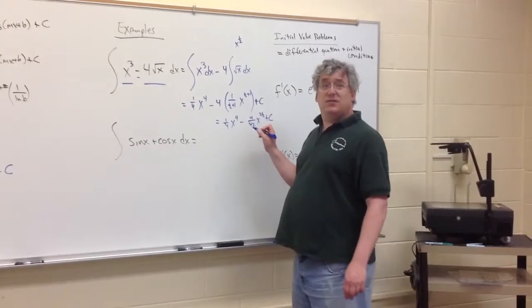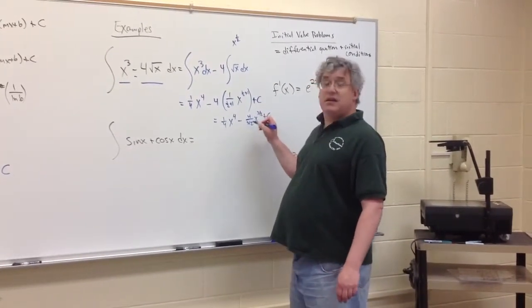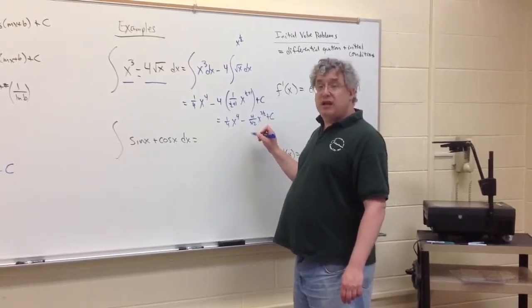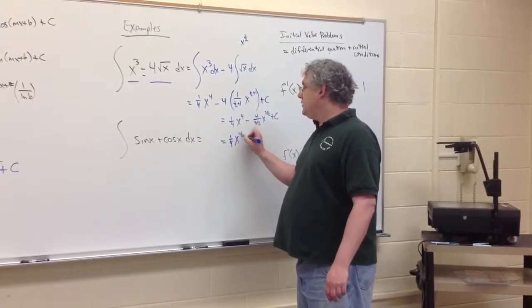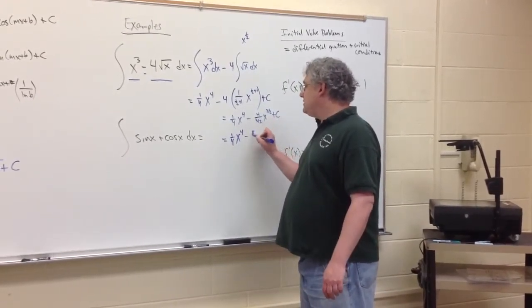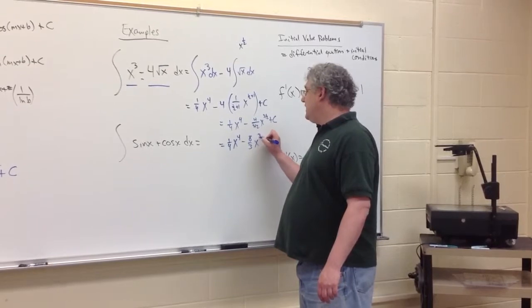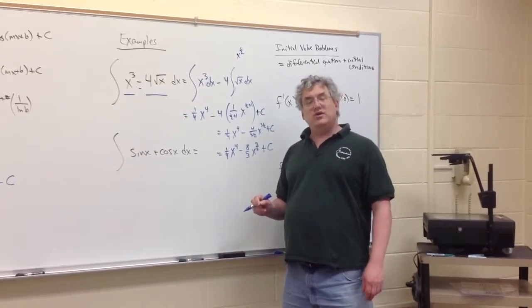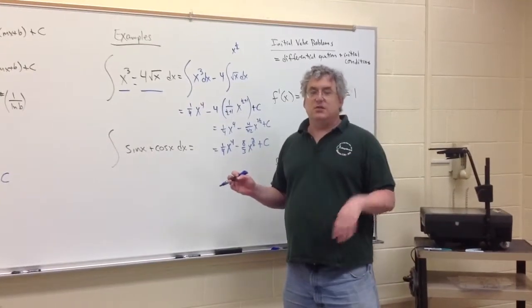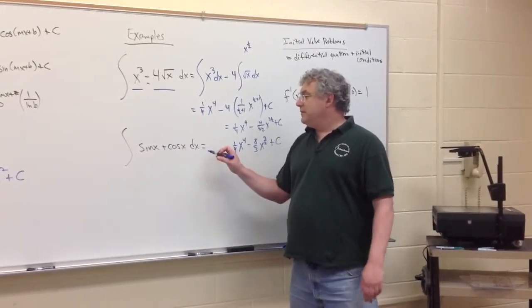I don't like having a fraction in a fraction. Fortunately, there's a way to fix that. A fraction at the bottom is the same as multiplying by the reciprocal. So I get 1/4 x to the 4th minus 8/3 x to the 3/2, and then plus c, because it's indefinite. You may be wondering, well, what about the definite integrals? We'll get those later. How about this one?